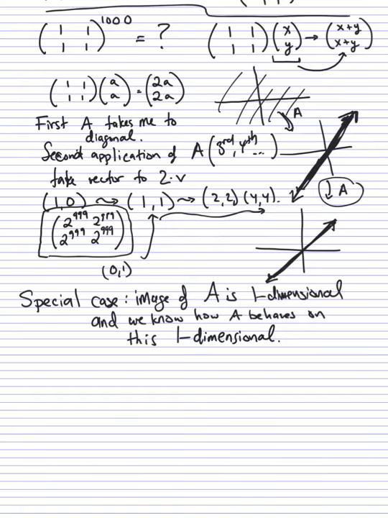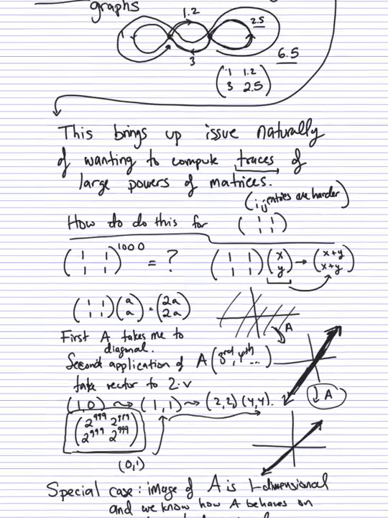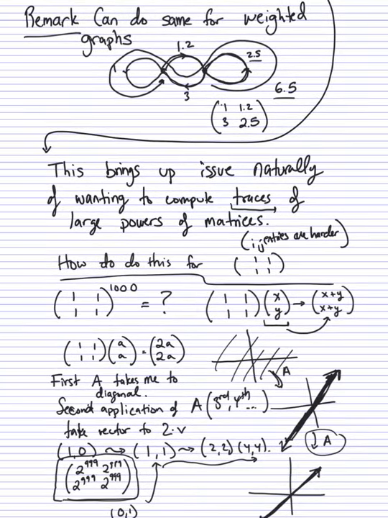So if A was an invertible matrix, this method wouldn't work. It'd be much harder to apply, but we can find the matrix in this way, and then here we get every entry. So if you want to work out the number of paths of length 1,000, maybe I will just go back to here. If you want to figure out the loops of length 1,000, well, it's 2 to the 1,000 minus 1.